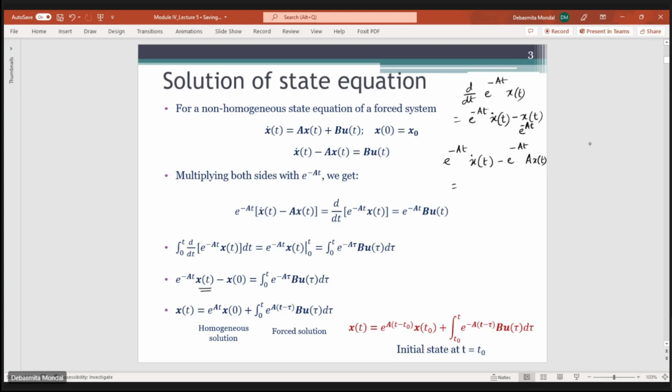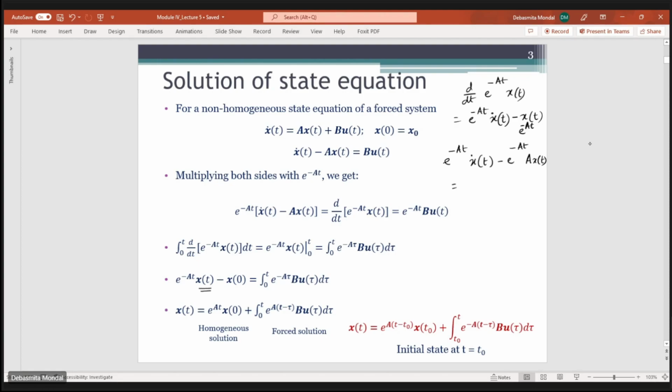So xt will be equal to, dividing the whole thing by e to the power minus at, e to the power at multiplied by x0 plus the integral from 0 to t, where e to the power minus at goes inside the integral, of e to the power a t minus tau b u tau d tau, right?